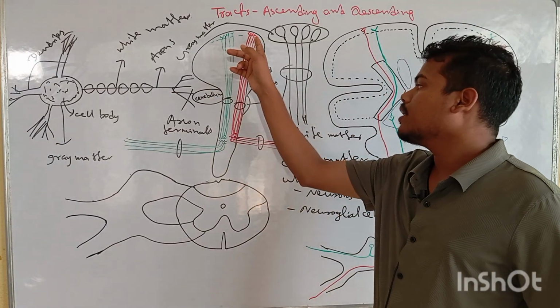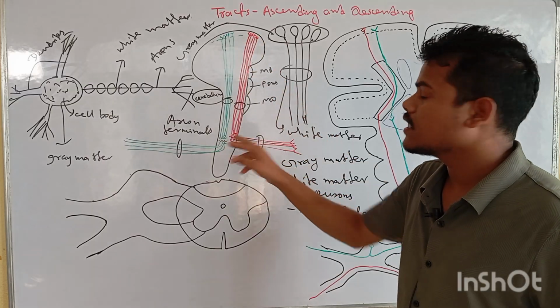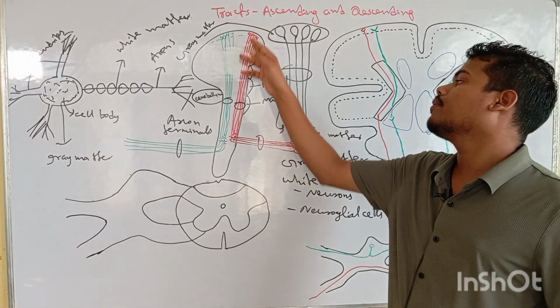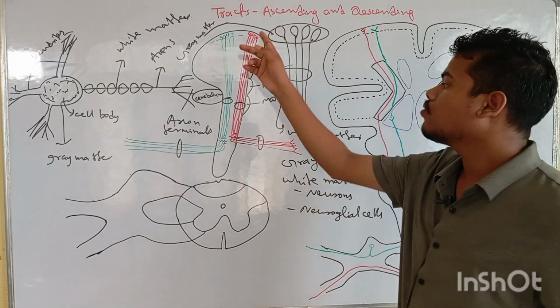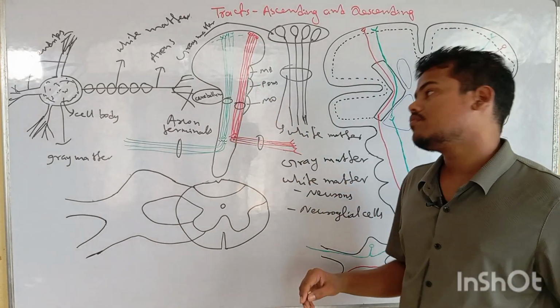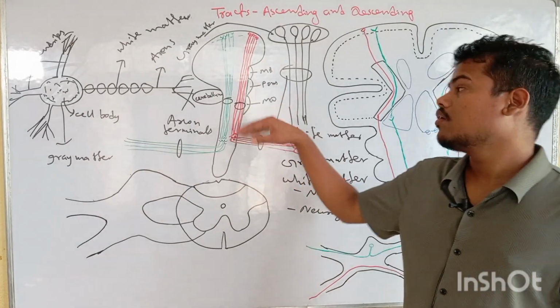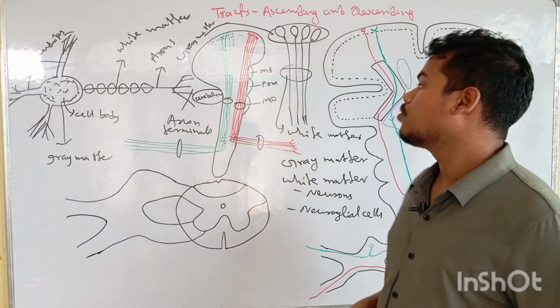Some fibers may come down from the cerebral cortex to the spinal cord and other structures; from here fibers may go to the cerebellum, the brainstem, the reticular area, and other structures too.